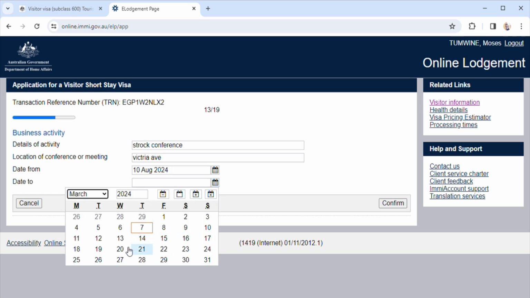Remember we said on 18th August we shall be leaving that country. So meaning on 17th or 16th the event will be done. Let us consider 16th. Maybe by 17th we shall be having a break. You get it?